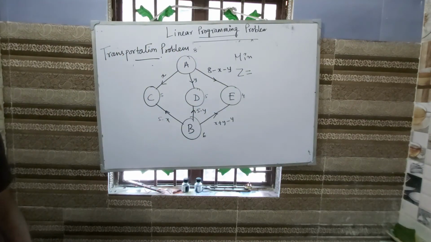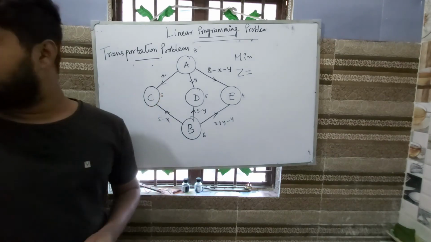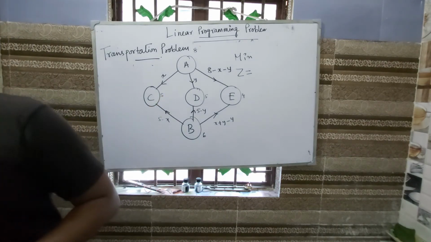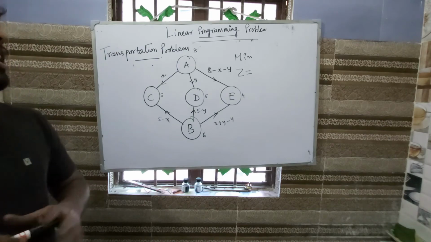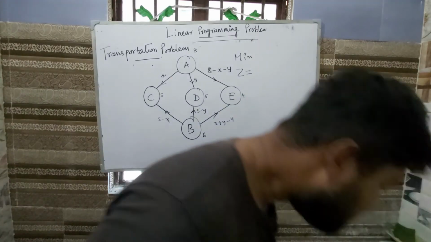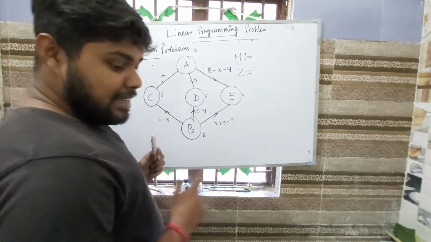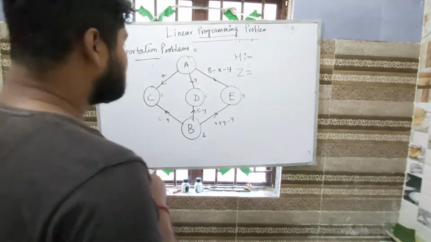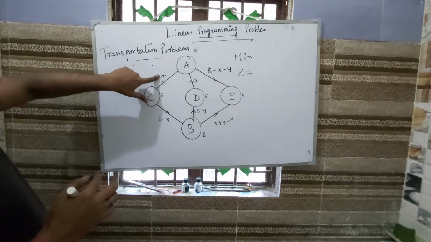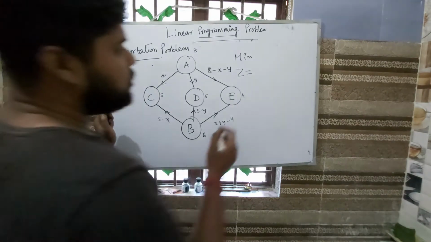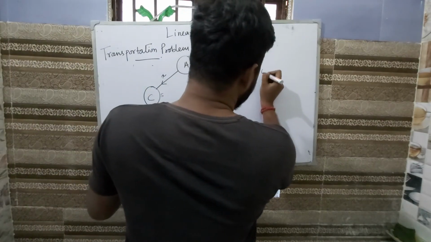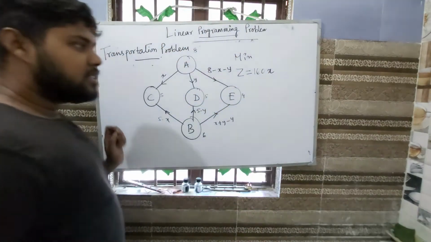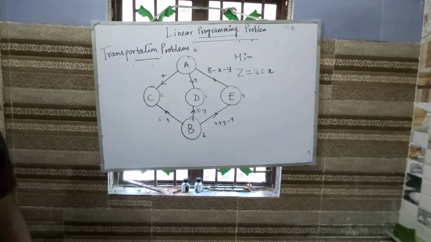Now I have to add up all the cost of transportation, right? So therefore, look at the table. A is sending an item to C, it is taking 160 rupees. So therefore, if A is sending X number of items, it will be 160X, right?